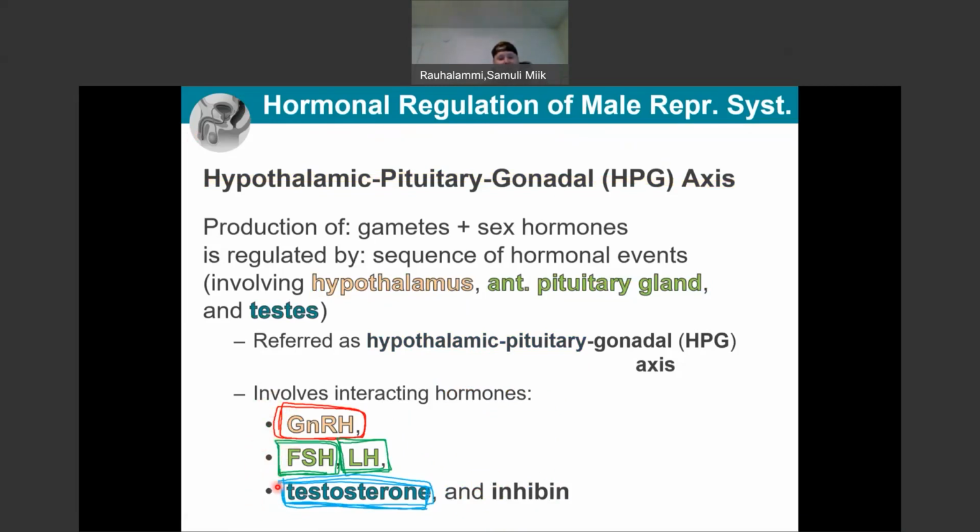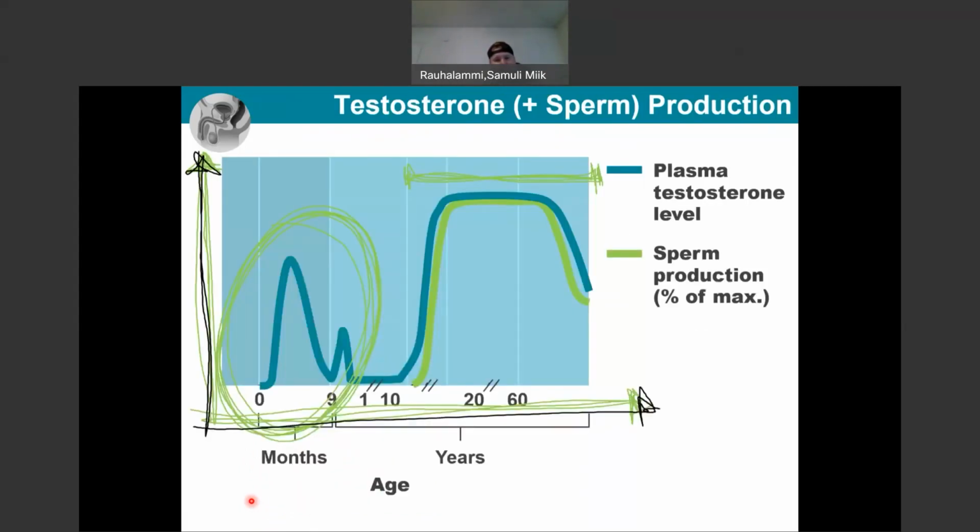Also, testes play an important role in releasing especially testosterone. That's going to be our interest. All of this is regulated through the negative feedback mechanism, the homeostatic mechanism. So inhibin becomes important in that. And like I said, I go into much greater detail of this in the full lecture video.